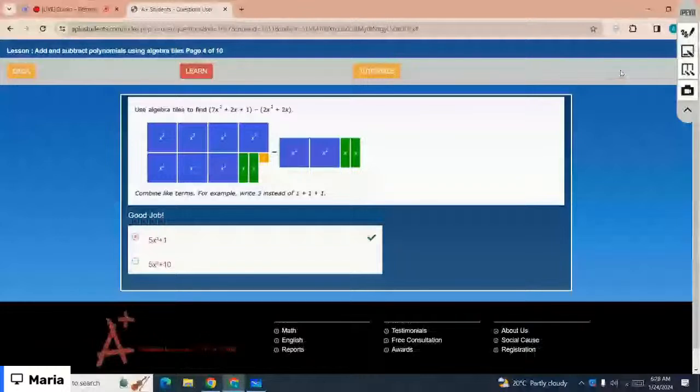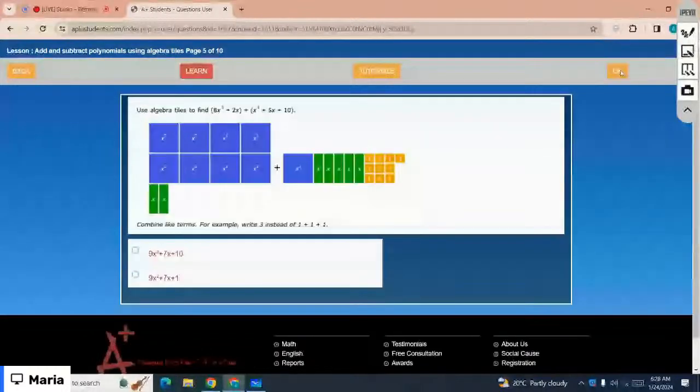The next one is, use algebra tiles to find 8x square plus 2x plus x square plus 5x plus 10. So which is the correct option?